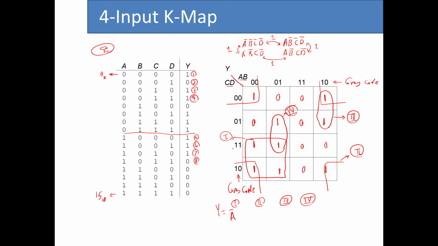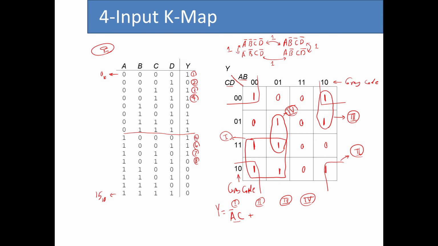C is 1 for all these 4 ones, right? Basically C is 1 for both of these rows, which basically include all these ones that we have in the circle. So that means that C is also included in the implicant associated with this circle. But what about D? D is both 1 and 0. So that means that we don't have to include it. So this will be the term associated with this 2 by 2 circle.